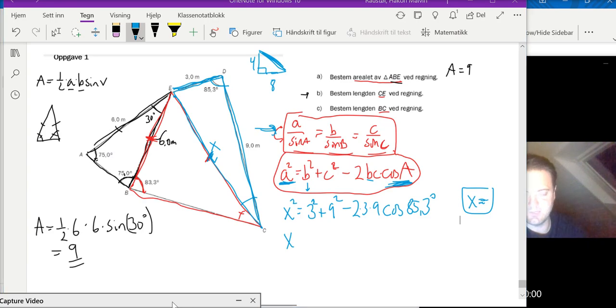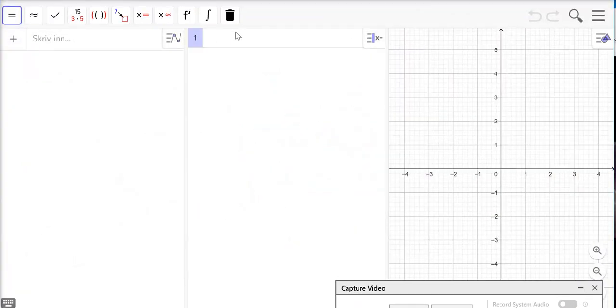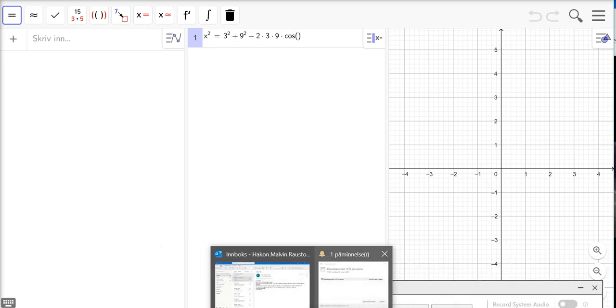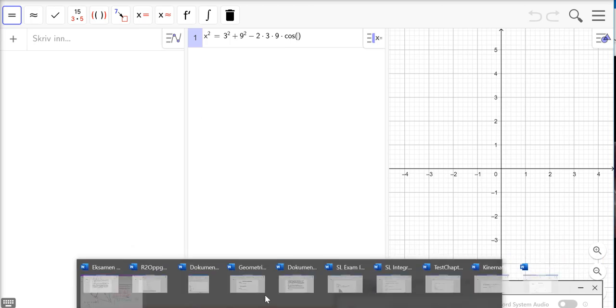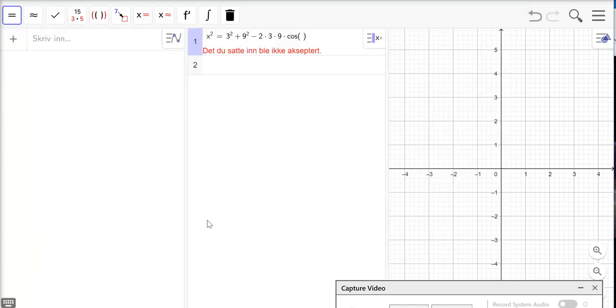And this time I will actually show it on CAS. So let's bring up CAS here, and I just write in the same thing. x squared equals 3 squared plus 9 squared, minus 2 times 3 times 9 times cosine of, now I can't remember, of course, the angle here, 85.3.